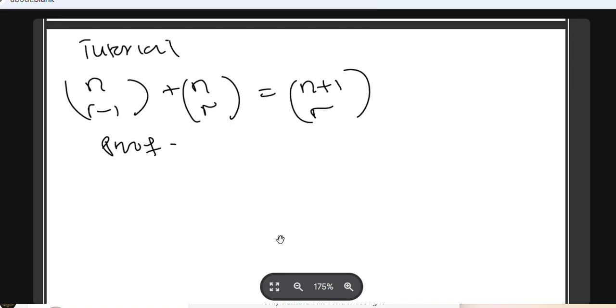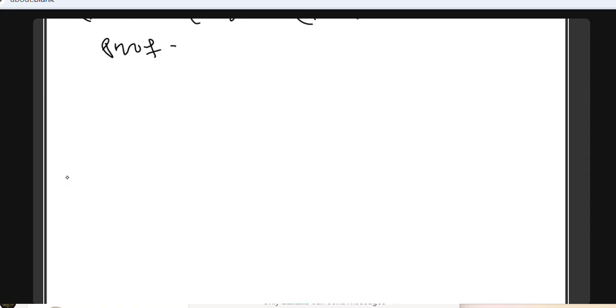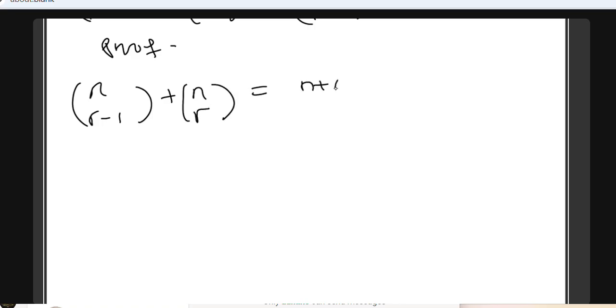Yes. So we are going to follow the definition of n choose r. So here we're going to have n choose r minus 1 plus n choose r is equal to n plus 1 choose r.